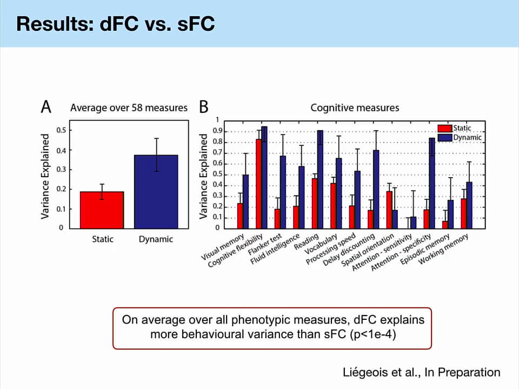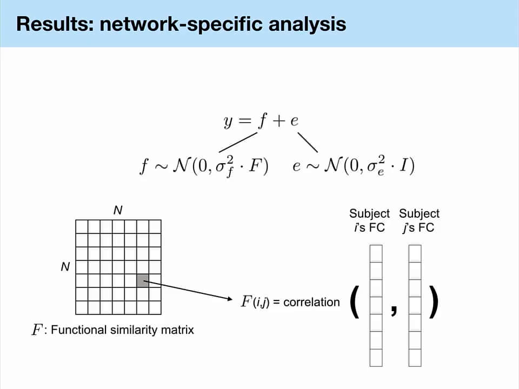But then we also wanted to question whether this behavioral information is located and generated by connectivity patterns in more specific resting state networks, so by the connectivity patterns within these networks. And so to question this, we use an adapted version of the functional similarity matrix that is now computed from a similarity between the connectivity measures within specific networks.